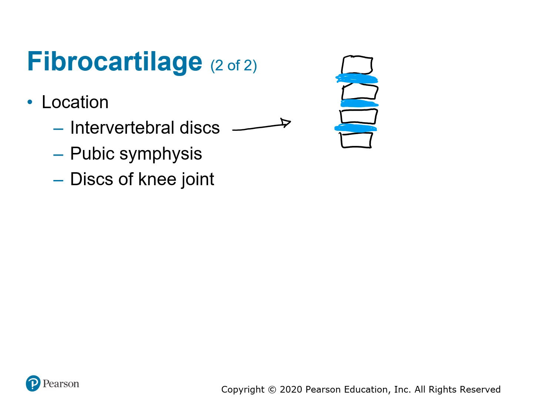Okay? You'll also find that in your pubic symphysis. That's a bone that we'll talk about. Your pelvic bone has a little piece of cartilage right in the middle that keeps everything together. And then the discs of your knee joints, surrounding the bursa of your knee joints.